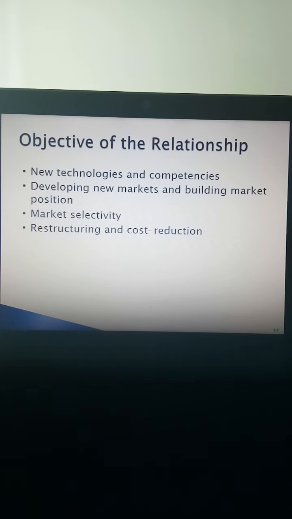The second objective to look into is developing new markets and building market position.